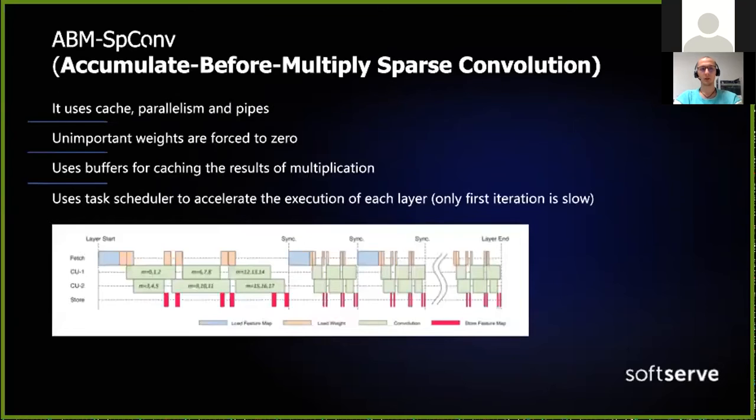And ABM-SpConv is accumulate before multiply sparse convolution. It's a very new approach from a 2019 article.